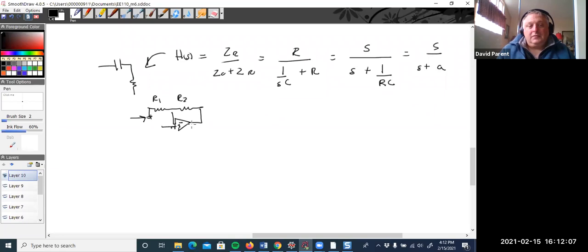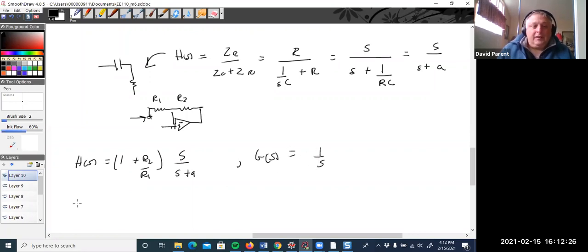a non-inverting amplifier, right? So here's my gain. Here's my transfer, complete transfer function, right? G of s equals 1 over s. F of x equals these two multiplied together. Here's my gain.